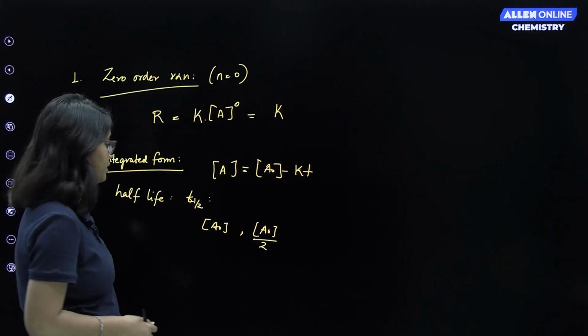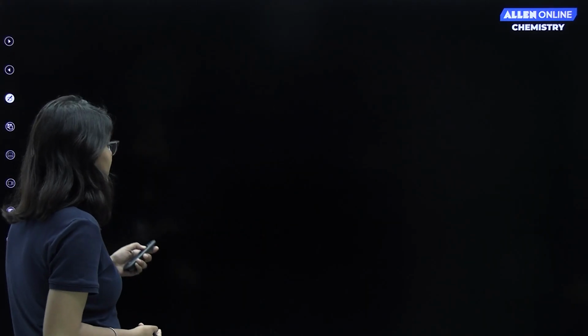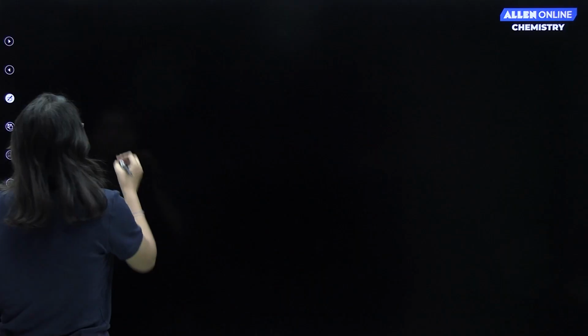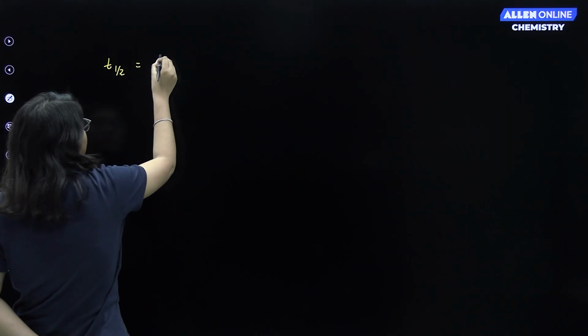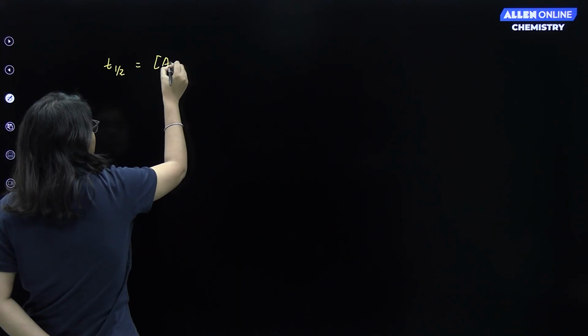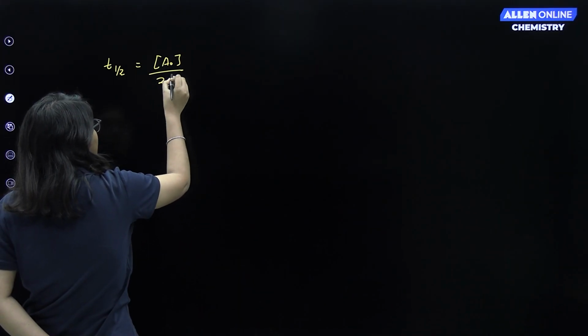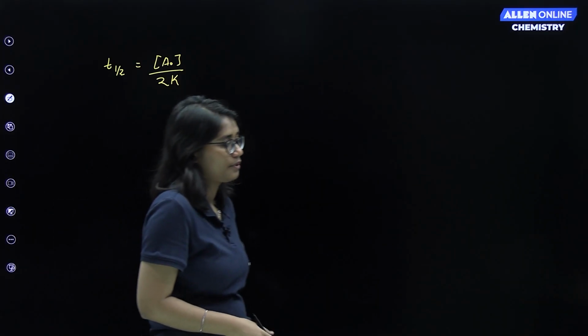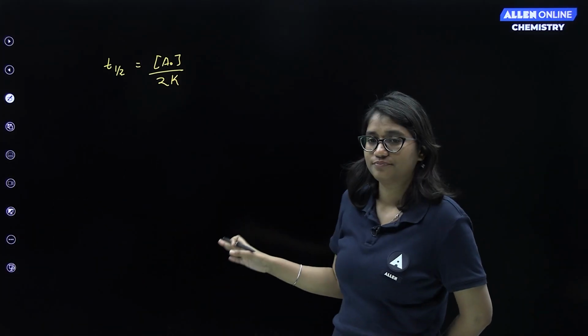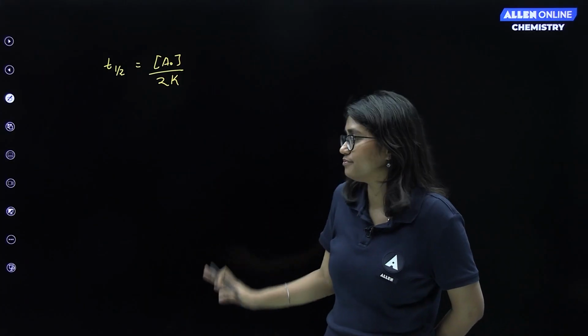So, the expression for half-life is A naught by 2k. Observe carefully now. This is for zero order reaction.